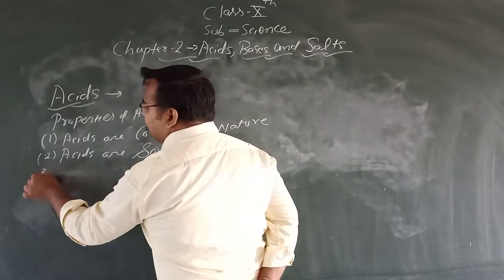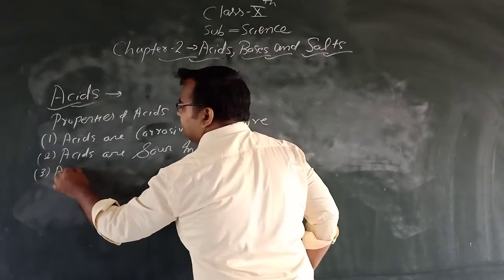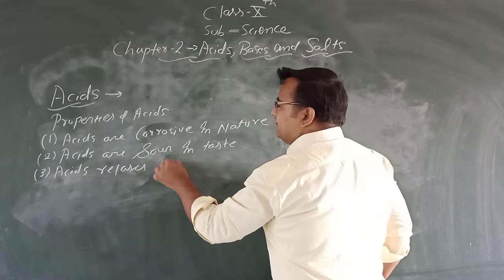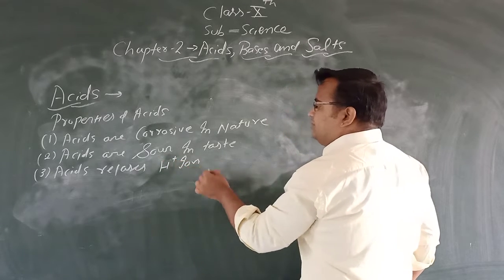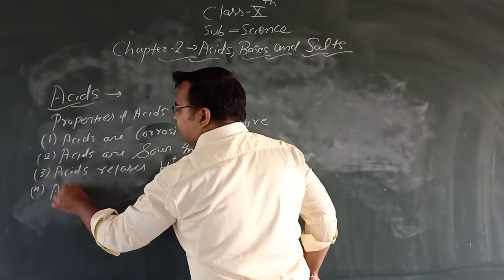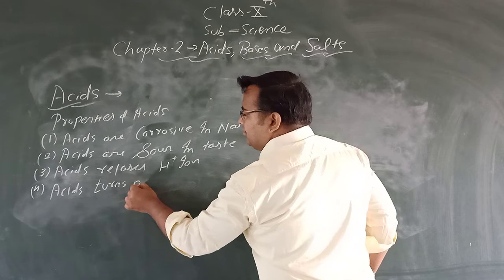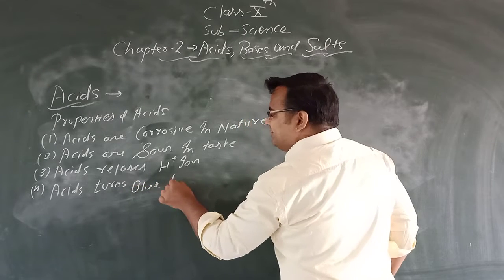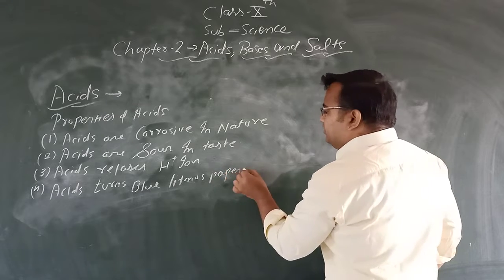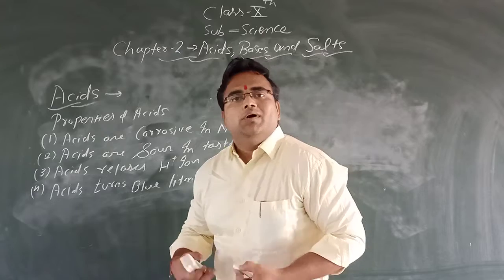The third property is acids release H plus ions. Fourth property is acids turn blue litmus paper into red. Acids turn blue litmus paper into red.